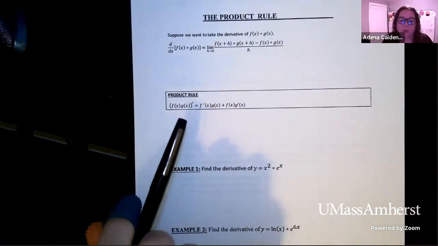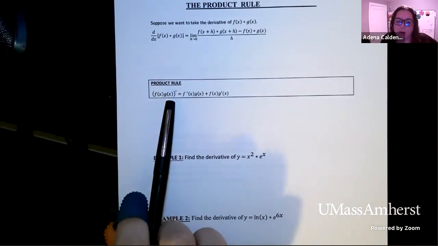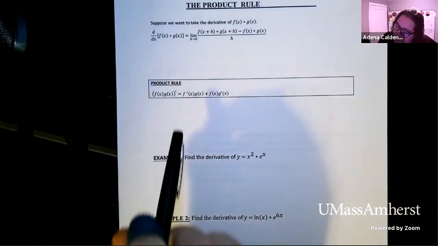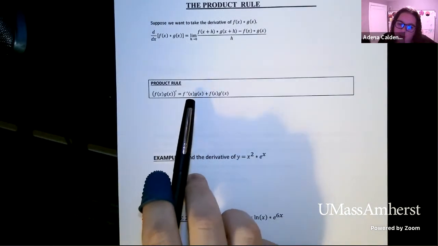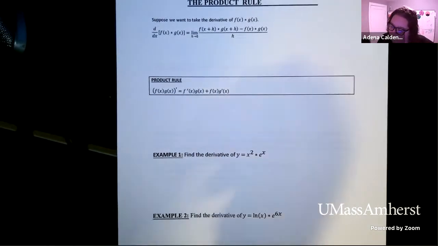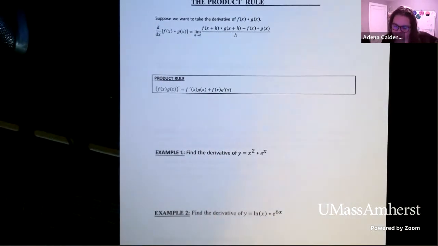And the product rule that we're going to be using looks like this. If you have f times g and you want to take the derivative, so one function times another one, the derivative will be the derivative of the first function times the second plus the derivative of the second function times the first.